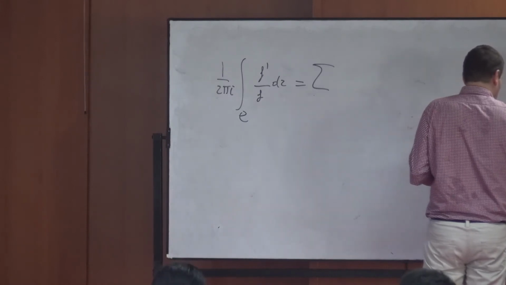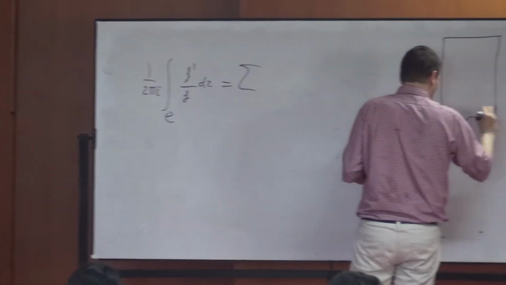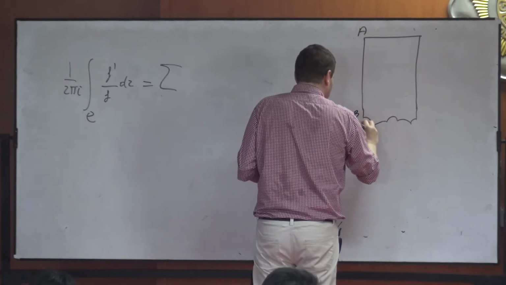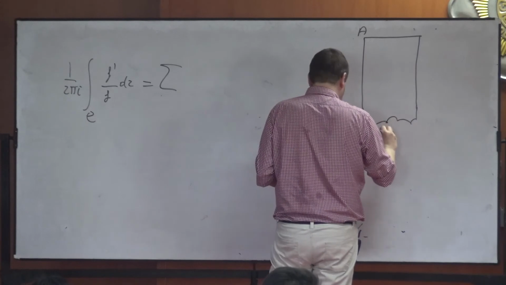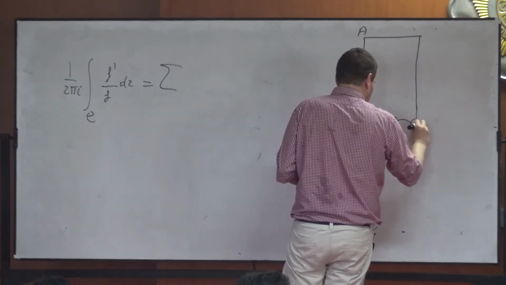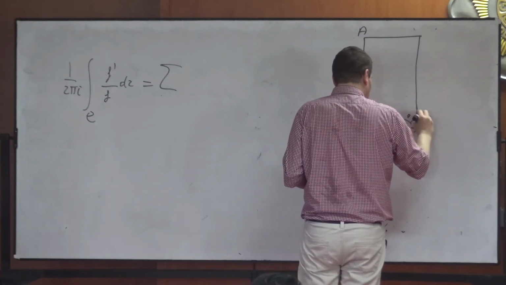Of course, the picture is not perfect. So we have A, B. Here there is rho in the middle. This is B prime. This is C, C prime. Here there is E. Here there is minus rho bar. Here there is D, and this is D prime.